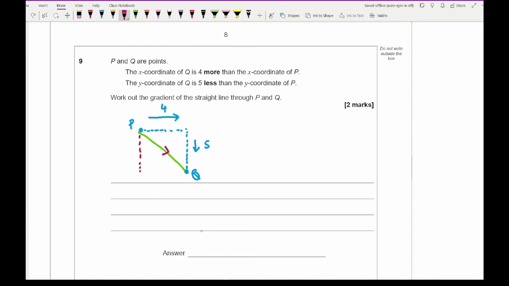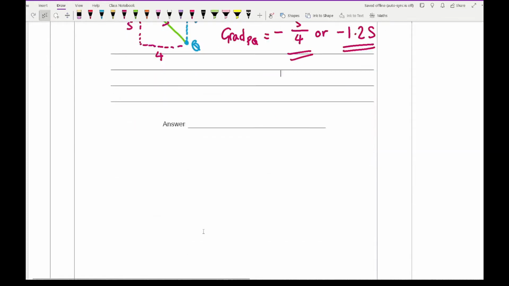If I work out the base and the height of that triangle, the height is 5 and the base is 4. So the gradient of PQ is going to be minus 5/4, or minus 1.25. So you can either write it as a fraction or as a decimal.